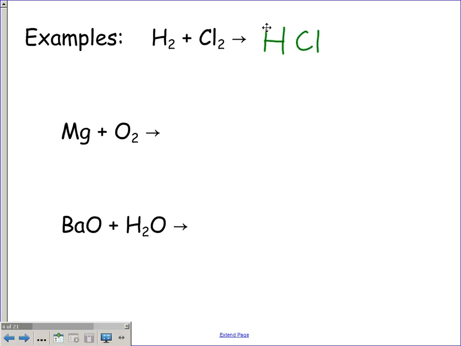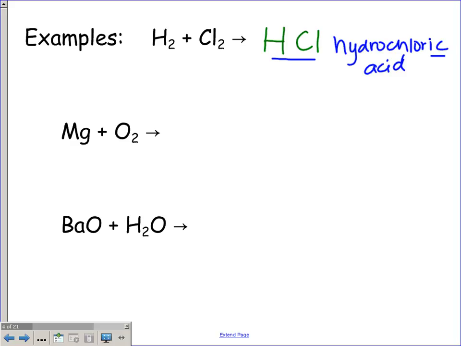If I wanted to take this a step further and name this compound, I would remember that it's a binary acid, two compounds. So it's going to start with hydro. Then is going to come the name of the element, chloric. That ic is the suffix that we add for all acids. And then finally, the word acid, hydrochloric acid.